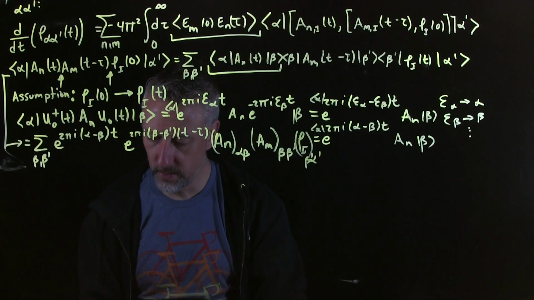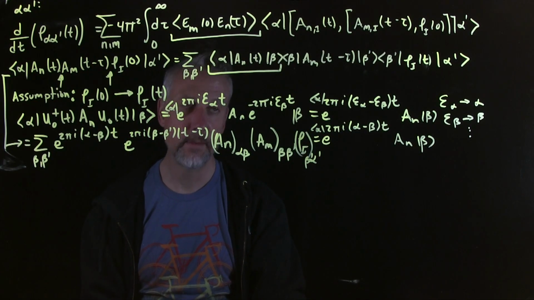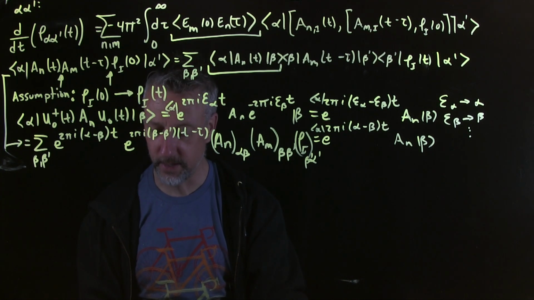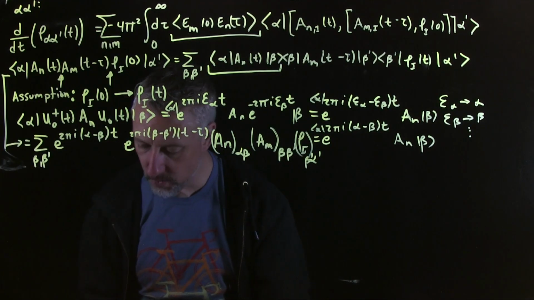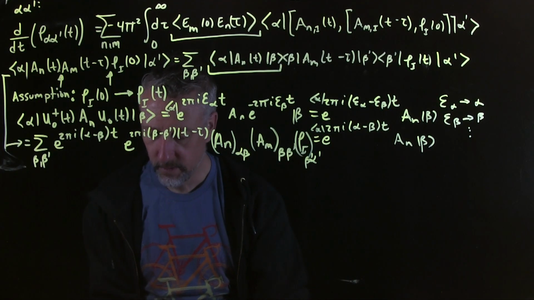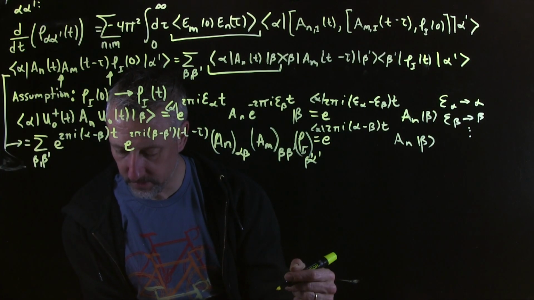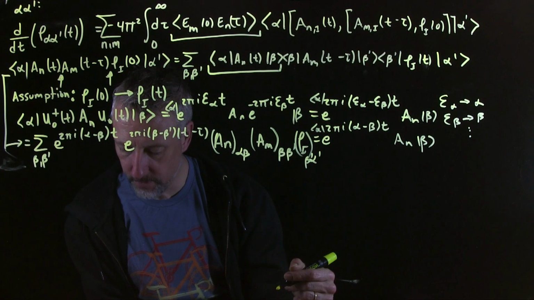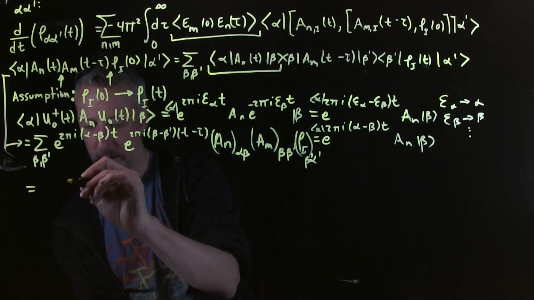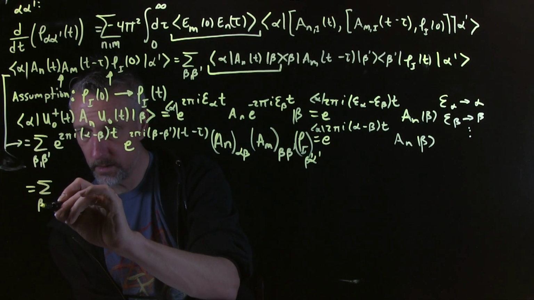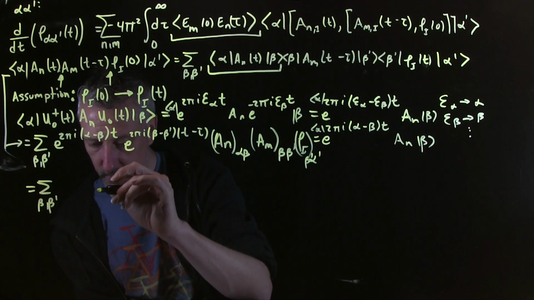Okay, so if you do a little bit of gymnastics, and by gymnastics I mean it took me forever to figure this out, so I don't really feel like doing it again, you can repack this formula into something a little bit different, and make it equal to this. I'm just going to leave it as the result.